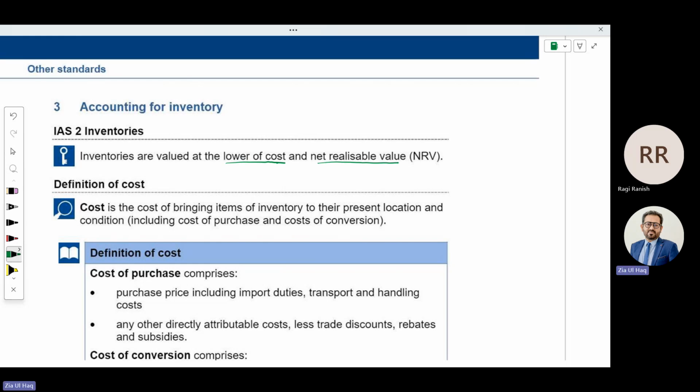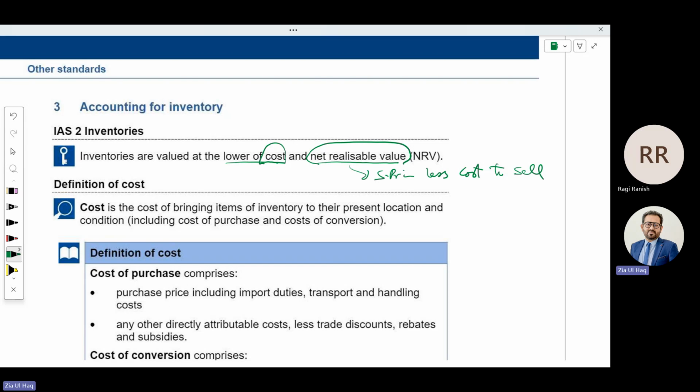As well, if you have manufactured the inventory, raw material, labor, and overhead should also be part of cost. What is meant by net realizable value? Selling price less cost to sell. So we need to calculate cost, we need to calculate net realizable value, and whichever figure is lower, we should record closing inventory at that figure.